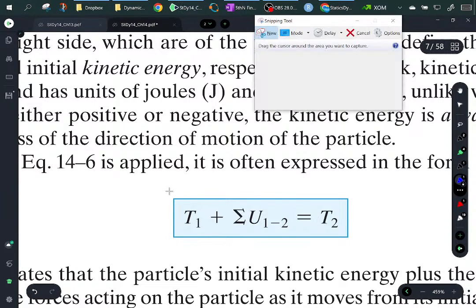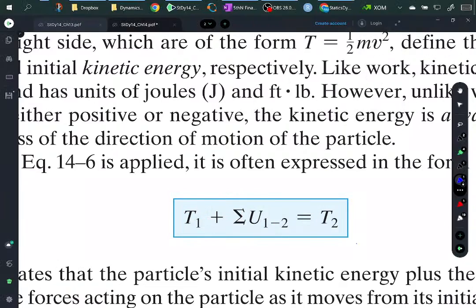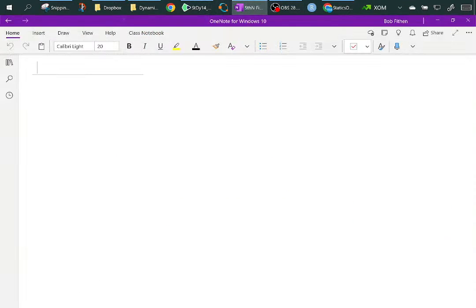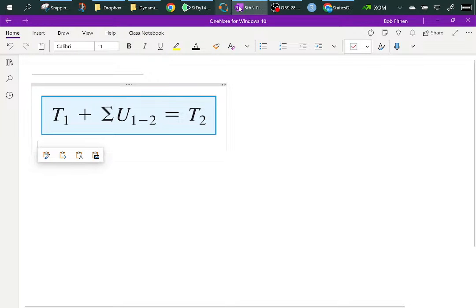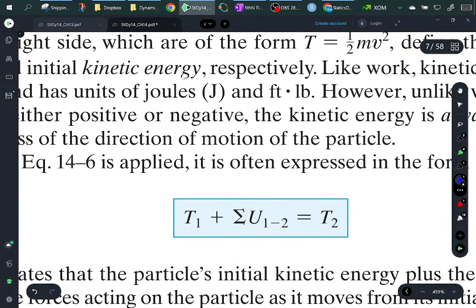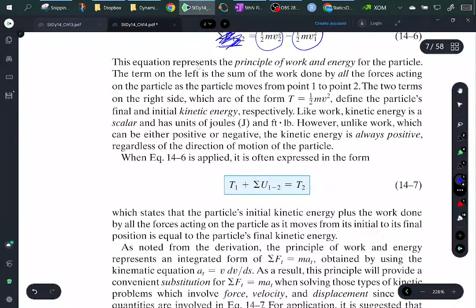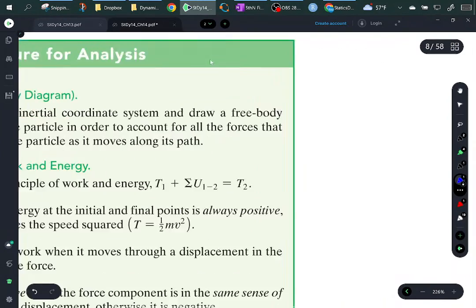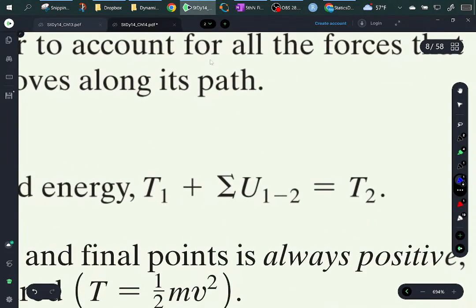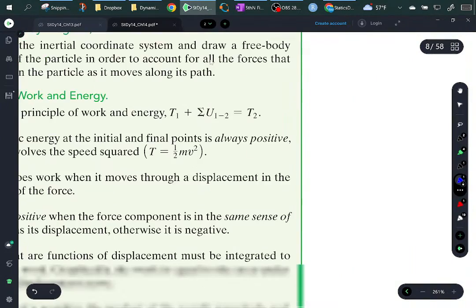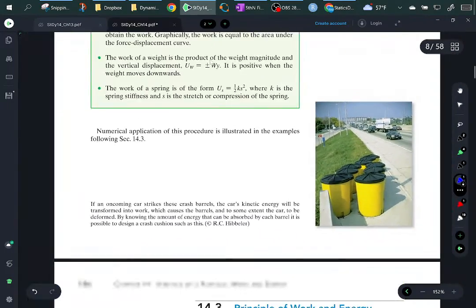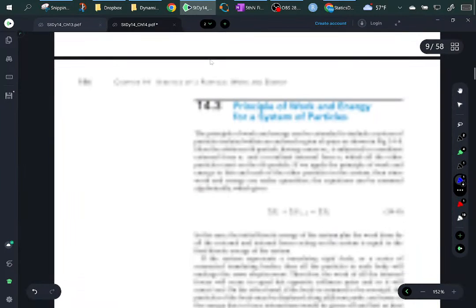So I'm going to list this equation and drop it in here, and then we're going to keep going. You move along through here. He has some problems to work. He talks about using this equation.